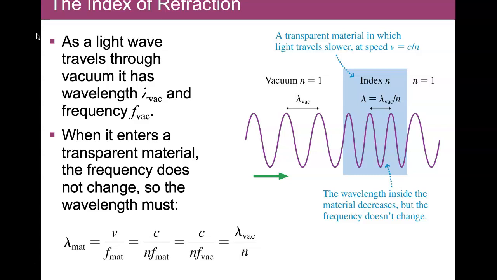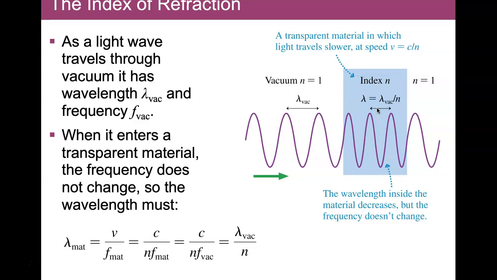So we discussed what happens to the frequency and wavelength in these different mediums. Something very similar happens to light. So again, as light enters, let's say, from vacuum to a piece of glass or some other material that has a given index of refraction, and its speed goes down by a factor of n, its frequency doesn't change.